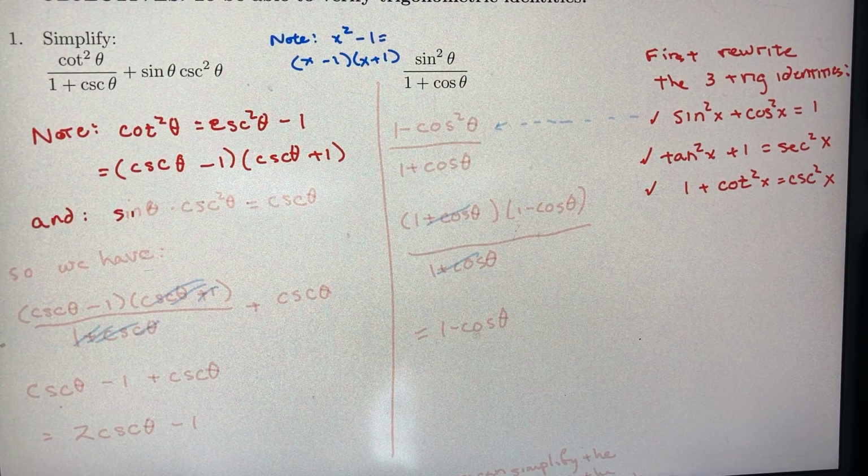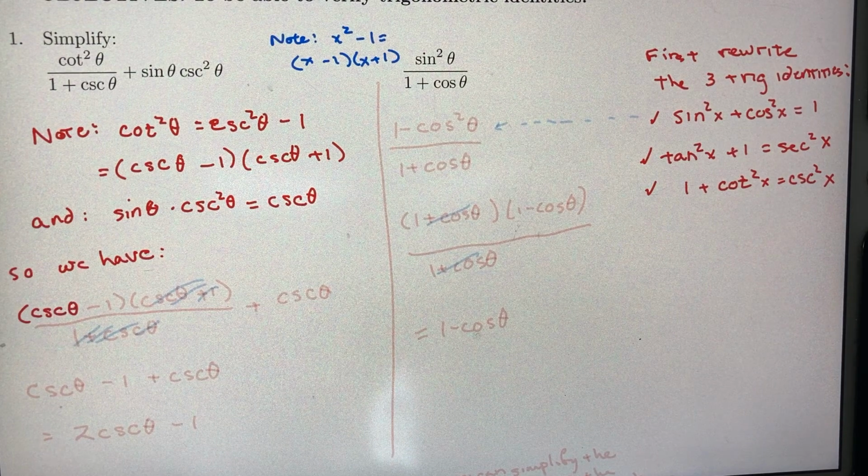Also notice that sine and cosecant squared can cancel a bit, since cosecant is 1 over sine. You'll cancel out a sine, and it leaves one of the cosecants left. So in the numerator, we now have cosecant minus 1 times cosecant plus 1. To be a little bit careful, if it was a subtraction, you'd have to worry about the order.